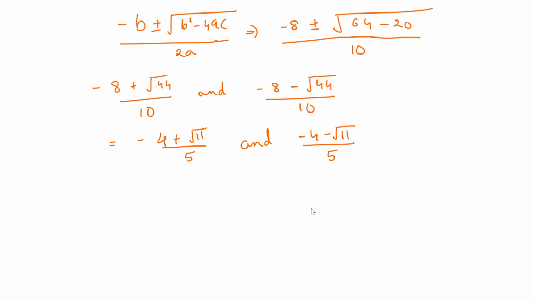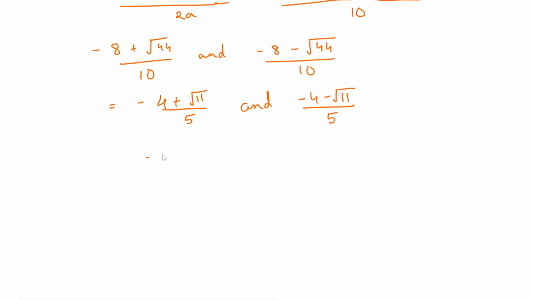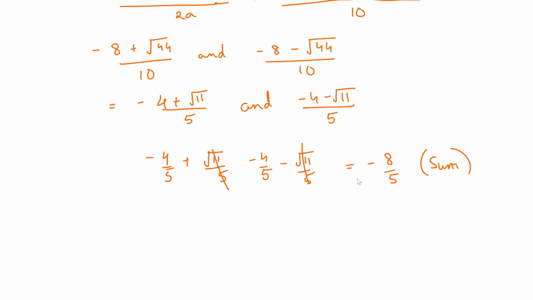Now the sum of these roots is, if you just add them up, you will get minus 4 by 5 plus root 11 by 5 minus 4 by 5 minus root 11 by 5. So these get cancelled. So you get minus 8 by 5 is the sum. And in terms of product, you're basically doing a plus b into a minus b.